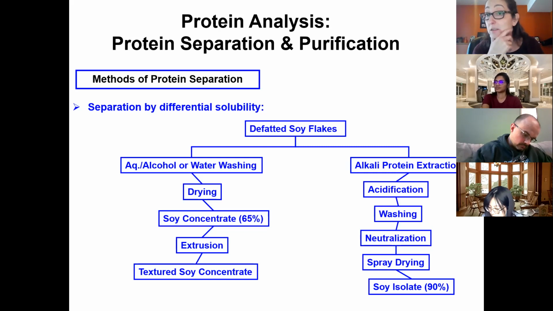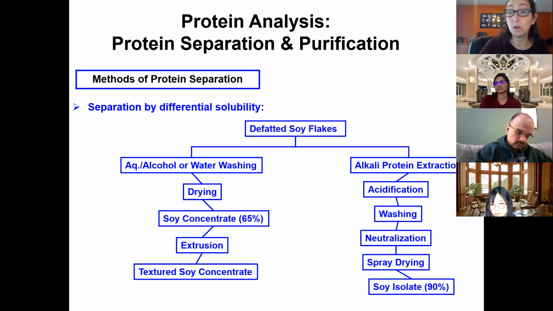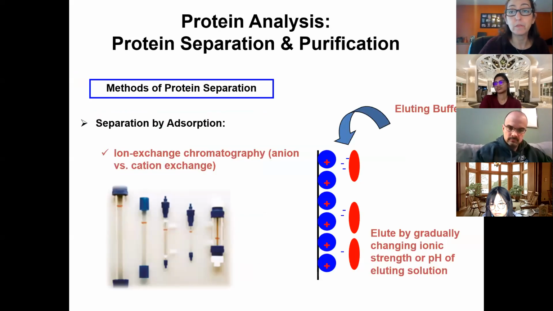And you get your isolate, which is over 90%. You can get more purity if you do ultrafiltration at the end. Ultrafiltration, diafiltration, you can concentrate, remove salts, and you get even more pure isolate at the end. So that's kind of a way to produce concentrate and isolates from soy.